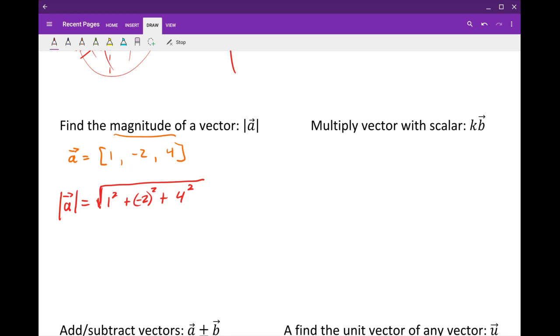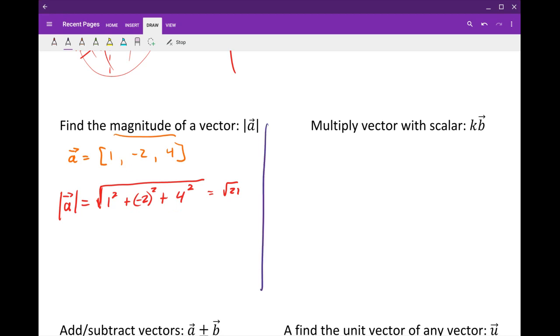And so you end up with a root of 21 as the magnitude. Pretty cool. Essentially you take your x and your y direction, and then you just add on the z direction. It's the same as the magnitude of a vector formula for 2 dimensions.